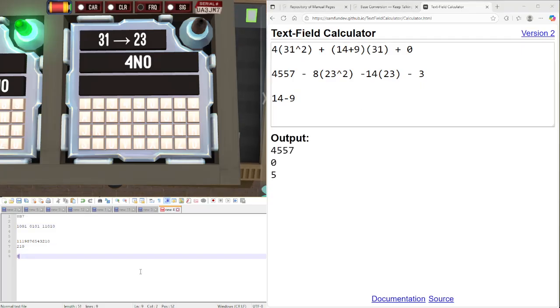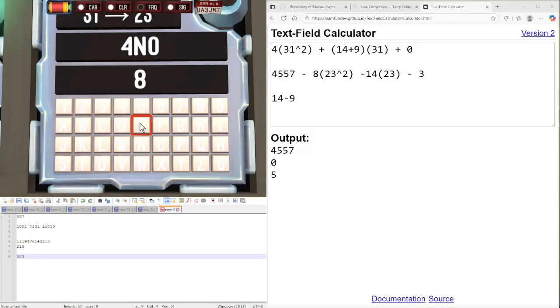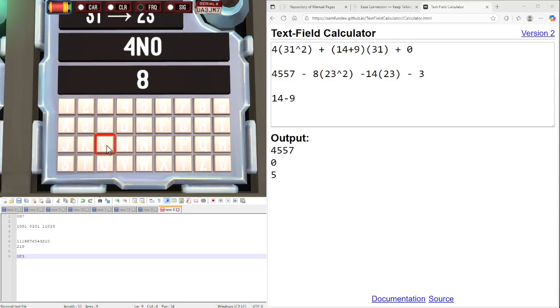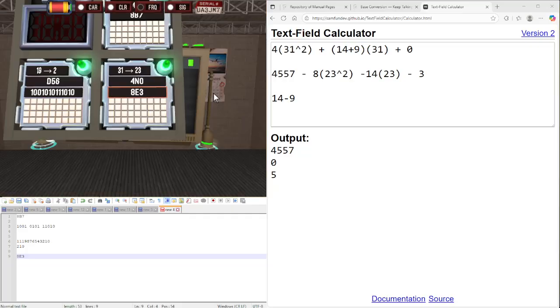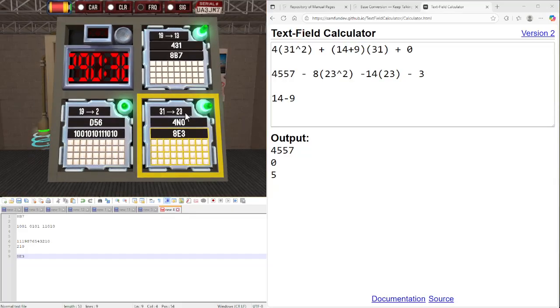This is 8E3. So hopefully, if we've done this right, we get this, and we get there's a module.